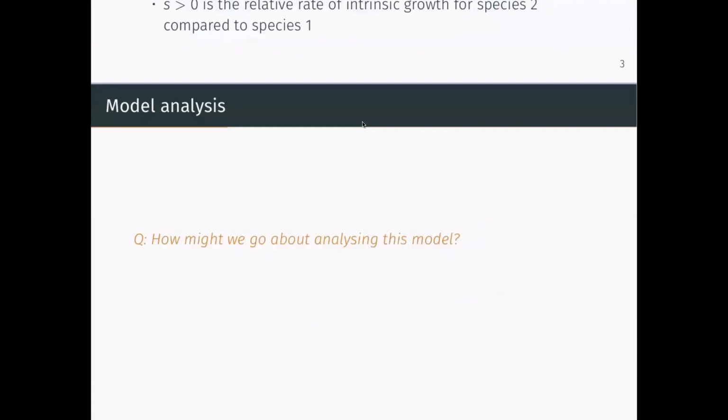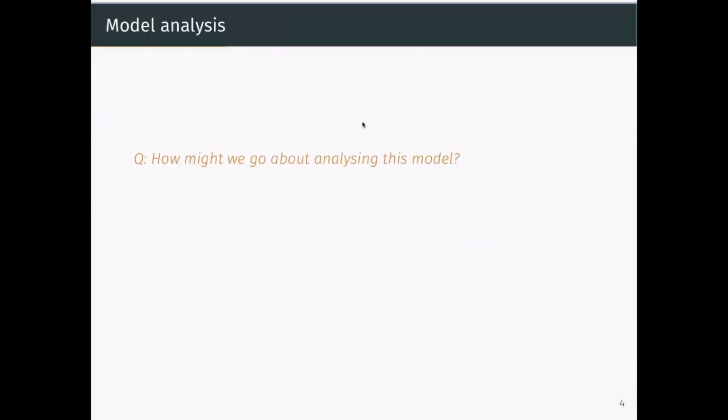So if we want to analyze this model, how might we go about doing it? Well, we already said we might want to do some algebraic analysis. So that could involve doing things like finding equilibria and carrying out linear stability analysis, which I'll abbreviate.